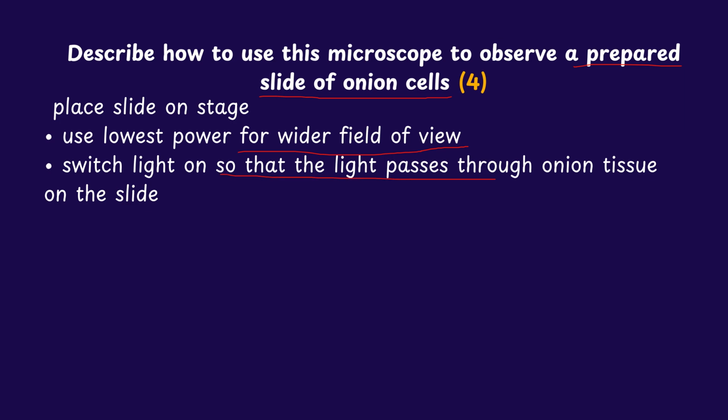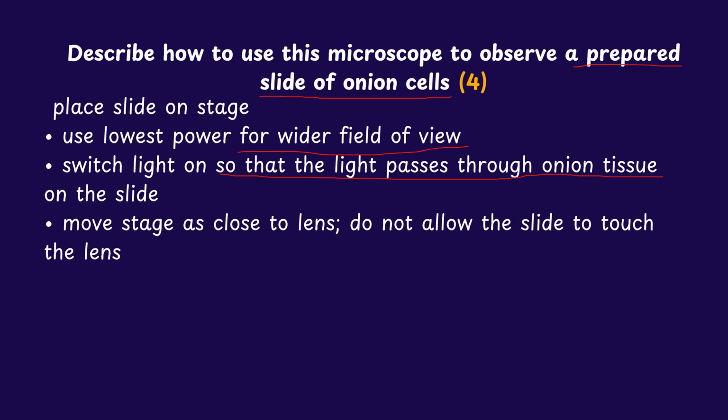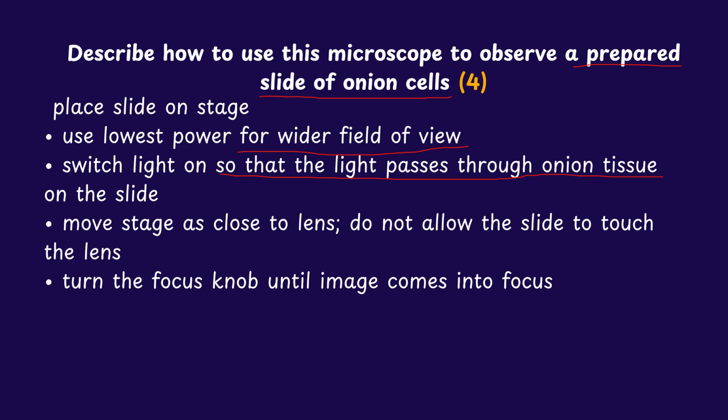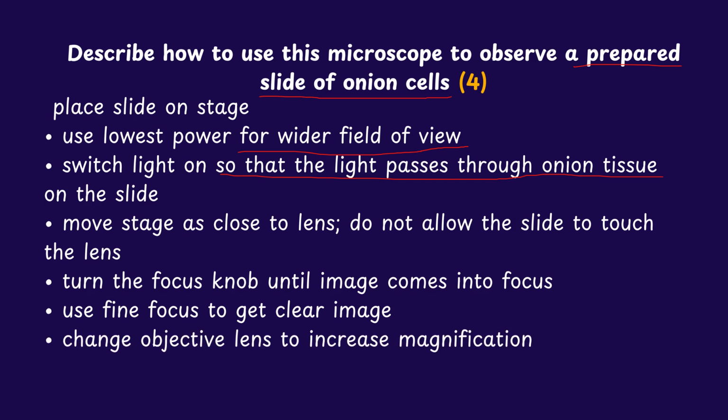So that the light can pass through the onion tissue. Next point, move the stage as close to the lens, but do not allow the slide to touch the lens. Turn the focus knob until image comes into focus. Use the fine focus to get a clear image. And after that, you can change your objective lens to increase the magnification.